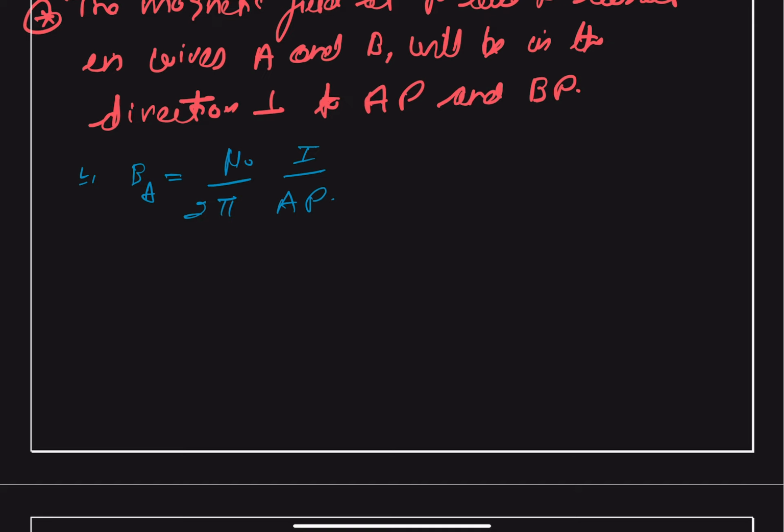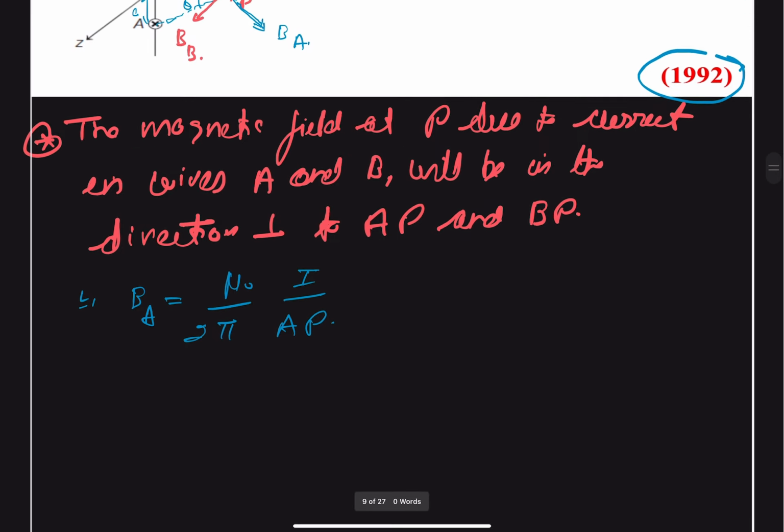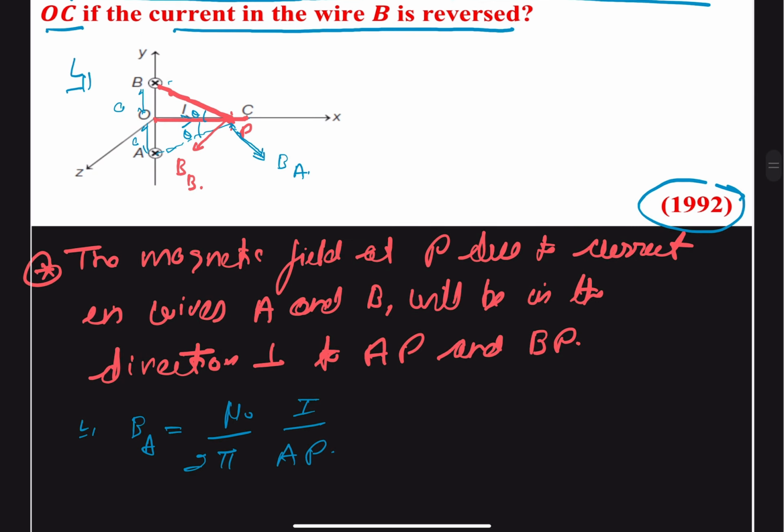And we can divide this. Let me draw it here. So this is our point P. We have a magnetic field BA, and this BA can be divided into two components. This will be one part BAX and the other part will be our BAY. And we have second one, that is our BB, which can be divided into two components.